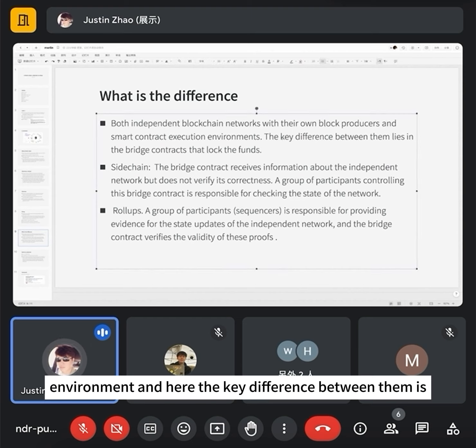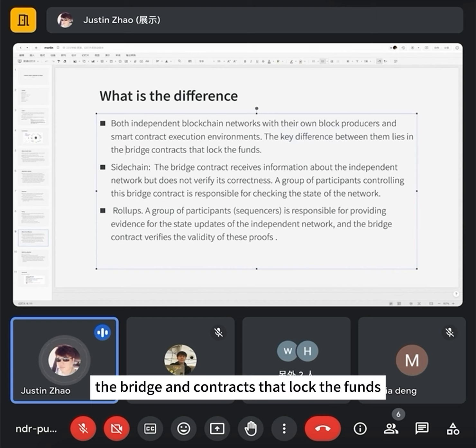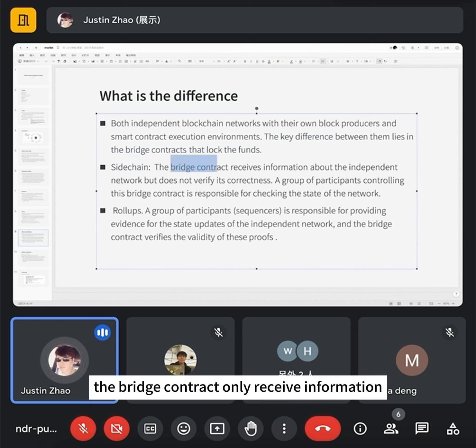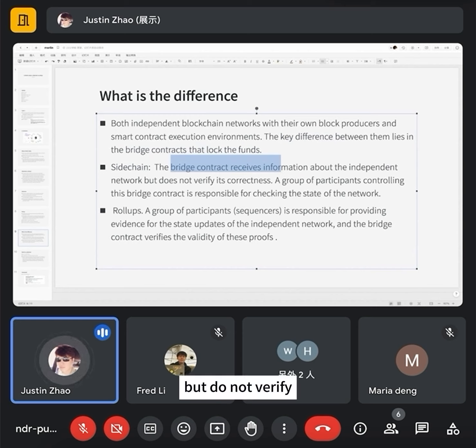And here, the key difference between them is the bridge contract that locks the funds. What does that mean? If it's a sidechain, the bridge contract only receives information, but does not verify. Only receives, but does not verify.